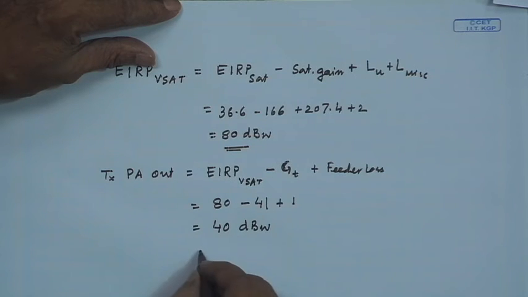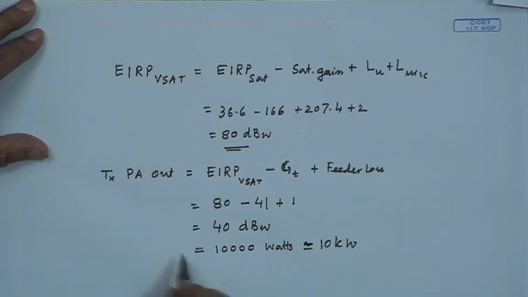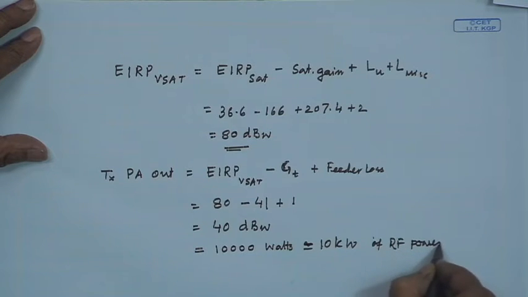Convert into watt. So, this is approximately 10 to the power 4 watts. Means 10 kilowatt of RF power output.